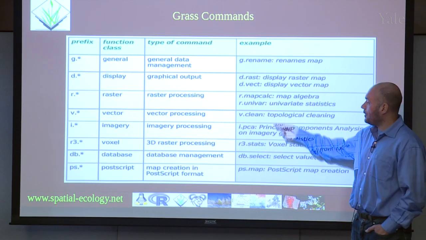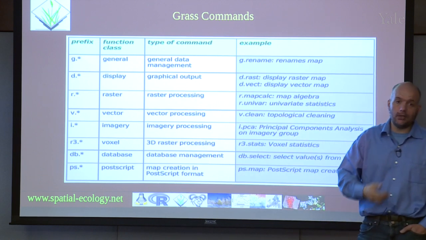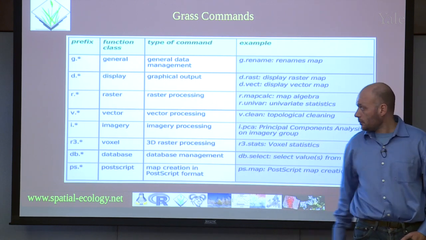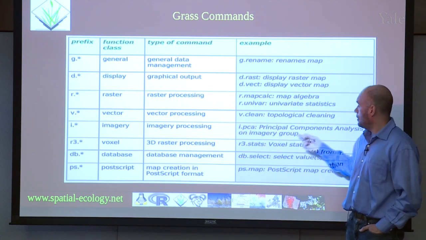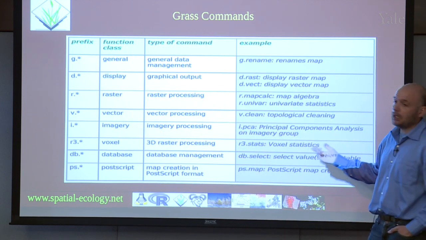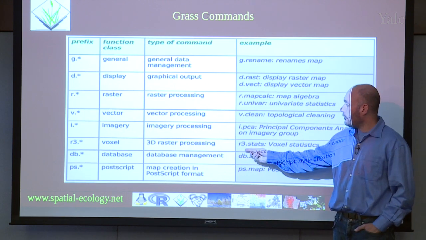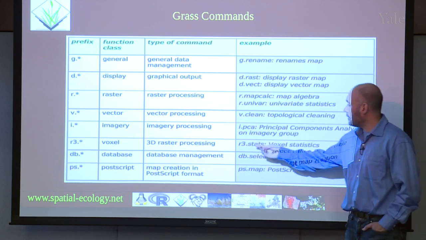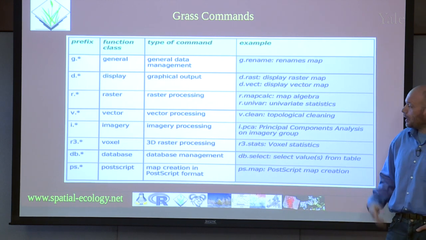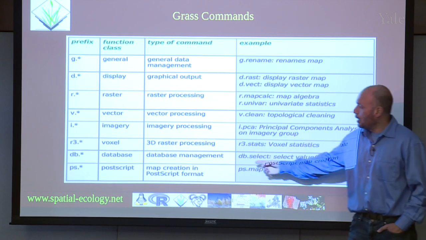Buffering, vector for vector processing, so v.buffer, v.clean, v.intersect, and so on. Imagery for satellite images, for example principal component analysis for satellite images. And these ones are for 3D raster processing. I didn't use them so much, but they are developing a lot of modules in this context.